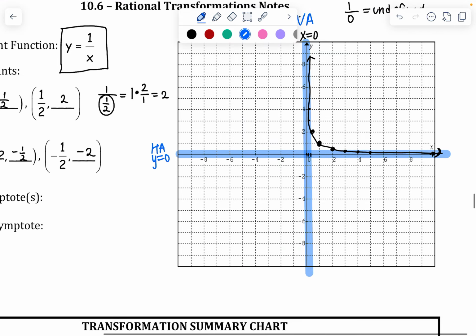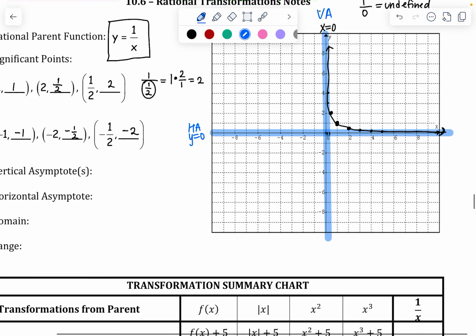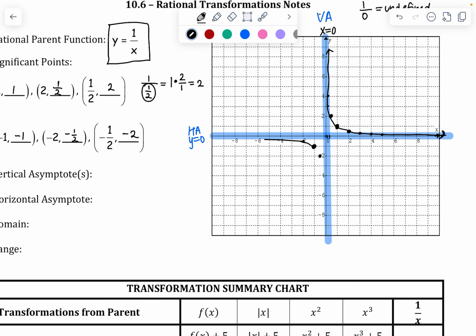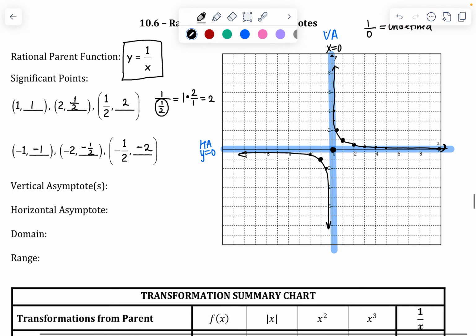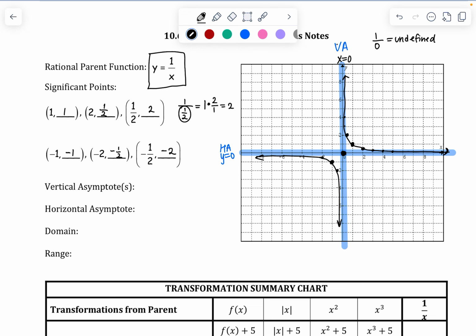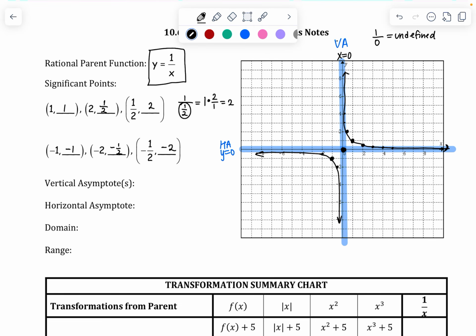Okay, and so then picking up on the negatives, we have -1, -1, and then -2 would give me -1/2, and then -1/2 would give me -2. So this function is very symmetrical about the origin. As we do transformations, this point of symmetry is going to move around, but it's always going to be where the asymptotes intersect.